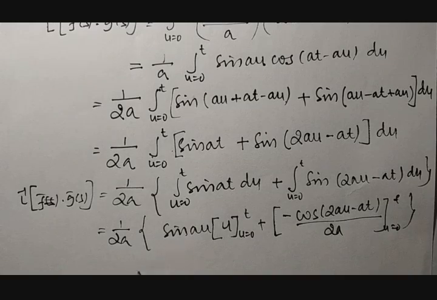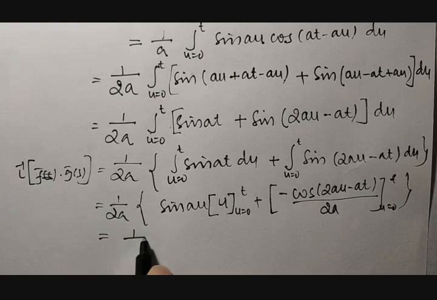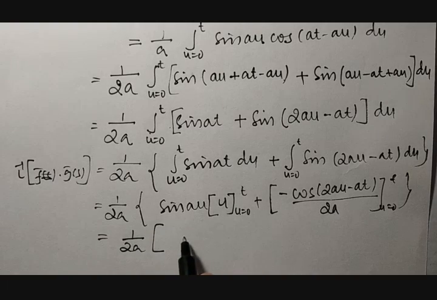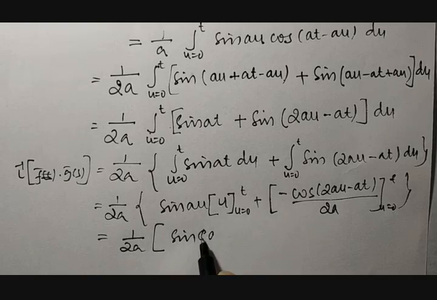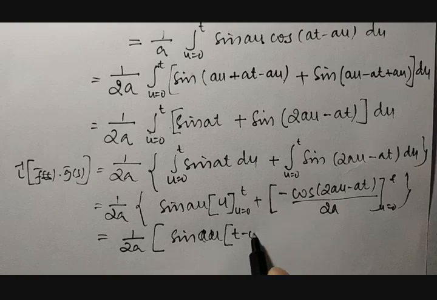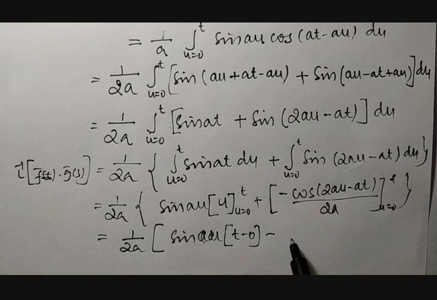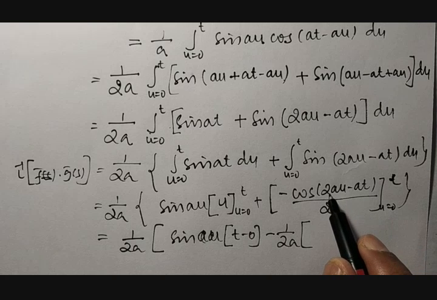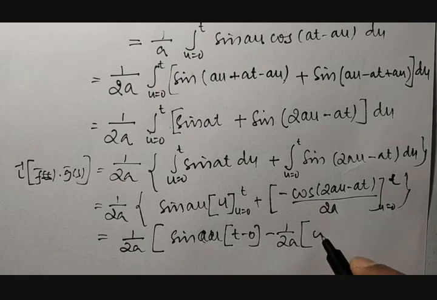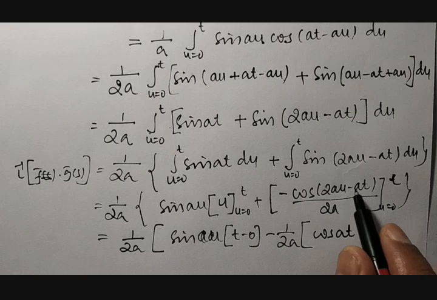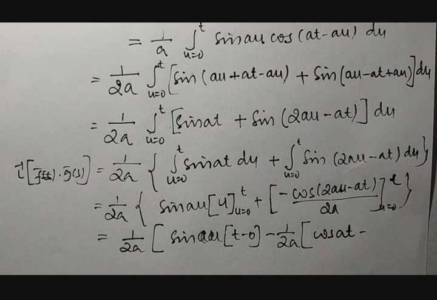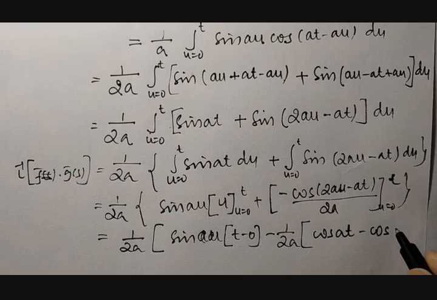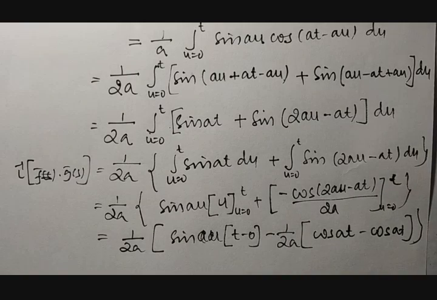If you substitute upper and lower limit, this will be equal to 1 by 2a into sine at of t minus 0, minus will be taken out, then 1 by 2a into, substitute upper limit t. If you put t here in place of u, it becomes 2at minus at, that is at. So cos at minus, if you put 0 in place of u, then it becomes cos of minus at. But cos of minus at is cos at only.